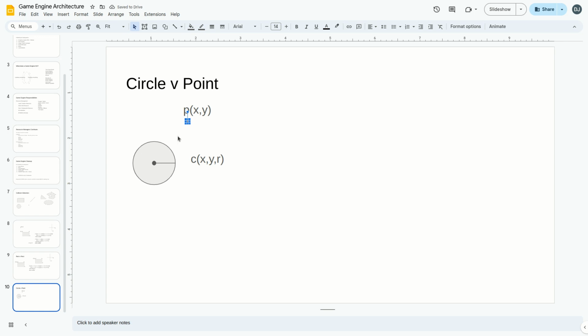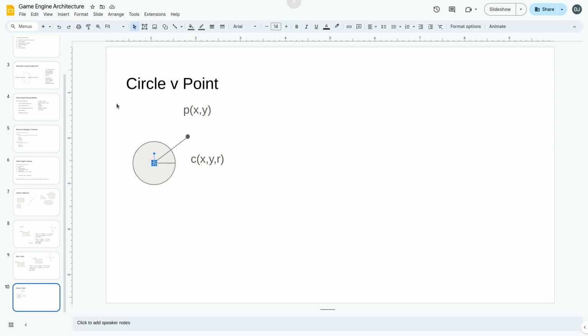Well, it doesn't matter where we are around it. Since circles are the same from all directions, all we need to do is determine the distance here. So if this distance is less than or equal to this distance, then we have a collision. So how do we determine this distance?